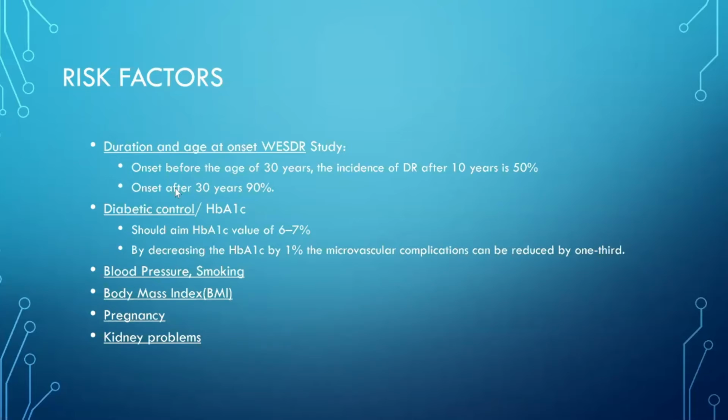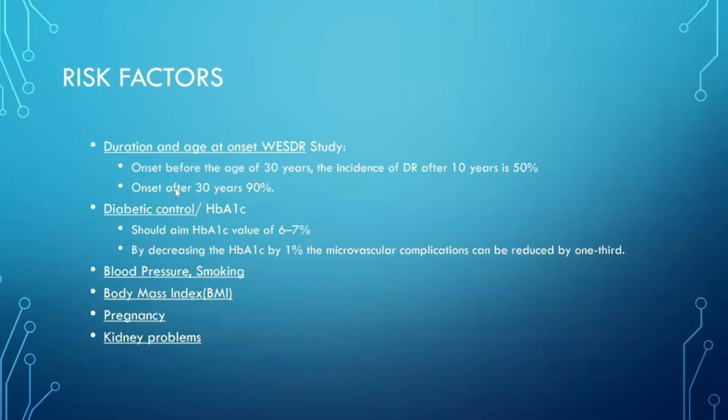The other risk factor is diabetic control. How good is my blood sugar control, my HbA1c? The study showed that a 1% decrease in HbA1c reduced microvascular complications by a third. So a 1% reduction in HbA1c relieves a third of the complications, including the eyes, heart, brain and kidneys.